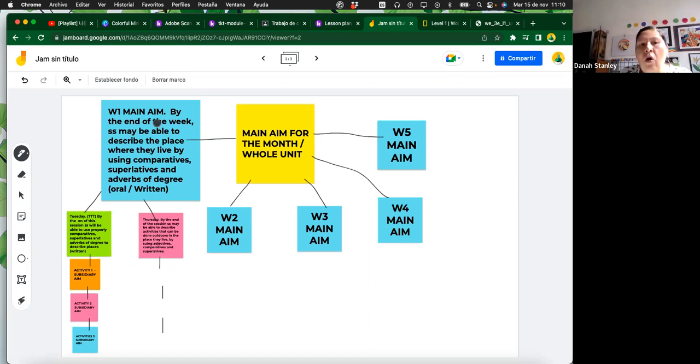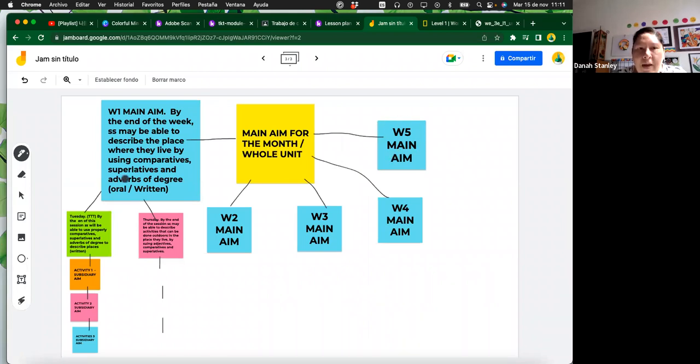Okay? I don't know if in this way it is even more lightning and clearer for you to understand how we are going to make this scheme work. This is the scheme: to divide my main aim in different sessions, which are going to have at the same time a main aim.